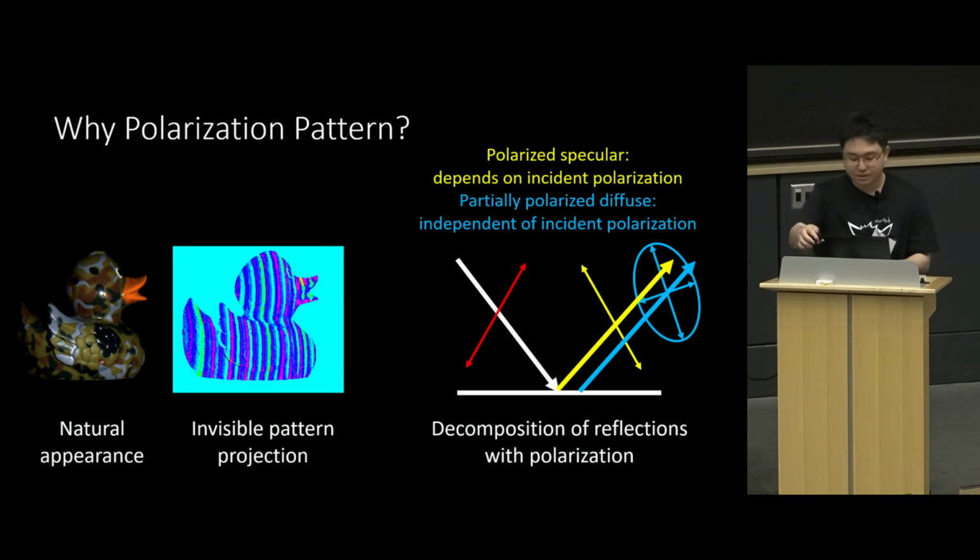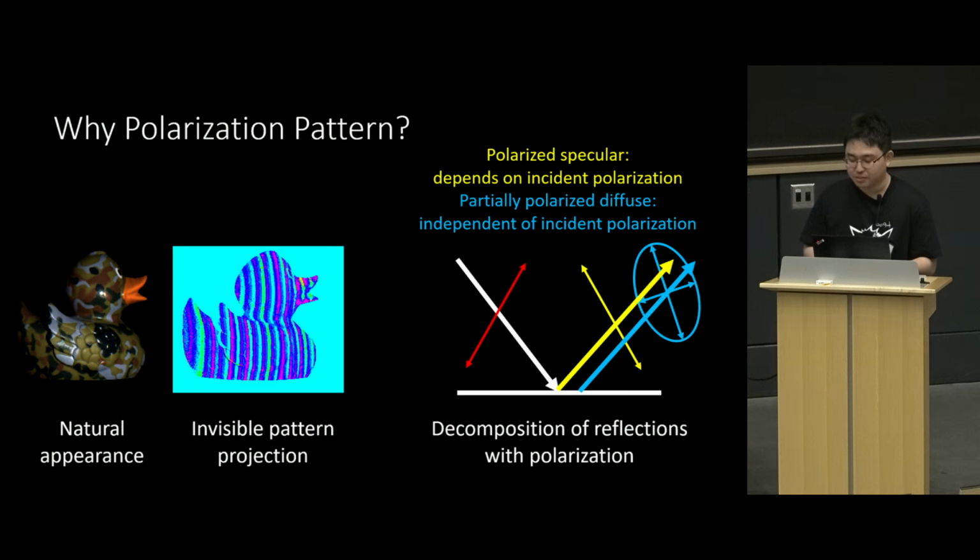Why is the polarization pattern essential for single-shot joint sensing? First, the polarization is independent of light intensity. This means that the pattern can provide geometric cues without altering object appearance, which enables reliable reflectance recovery. Second, the polarimetric reflection enables decomposition of reflected light into specular and diffuse components.